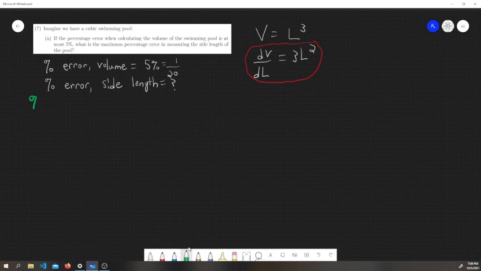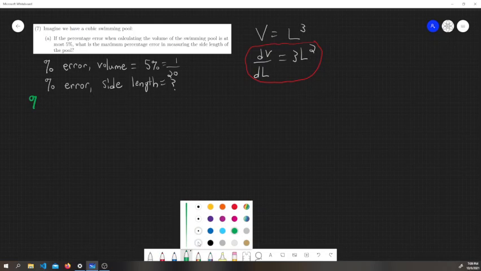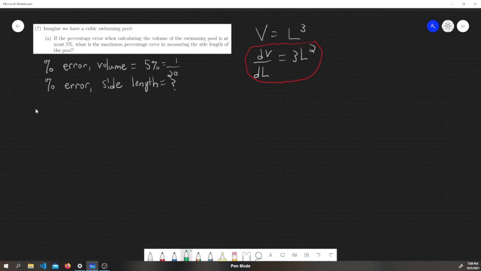No, that is way too thick. Give me thin. Thank you. What is the percent error going to be for the volume, symbolically?